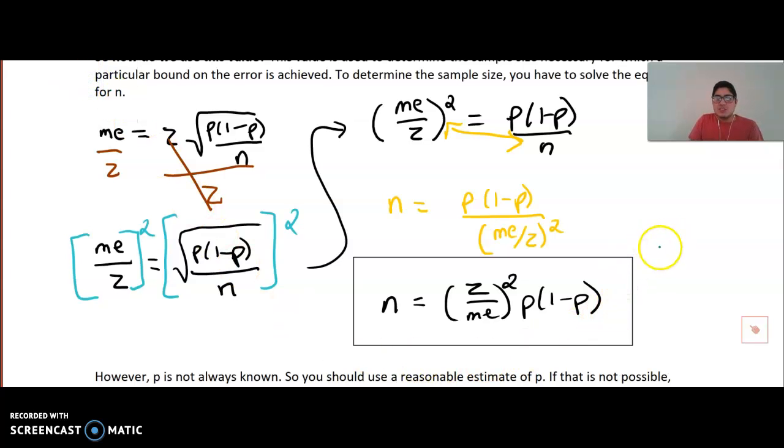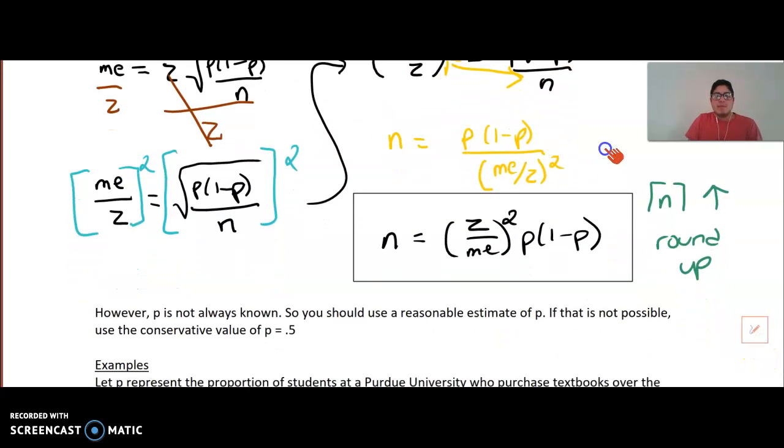The ceiling function just says whatever you get for your value, you round up to the next integer. So if I were to get something like 50.32, I would round up to 51. You can see it's almost like a bracket, but it's missing the floor.